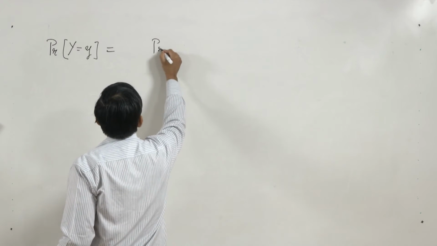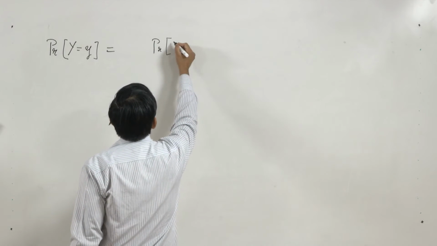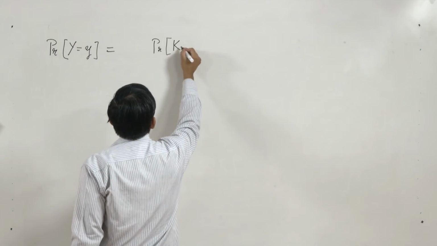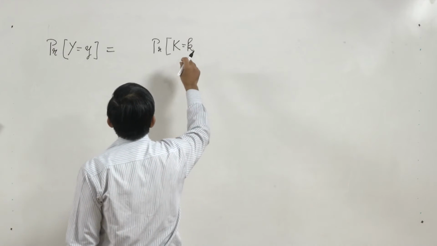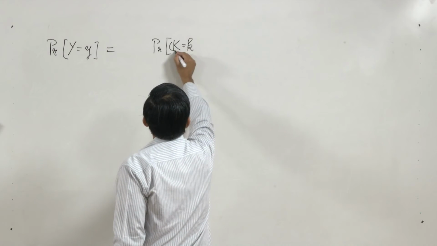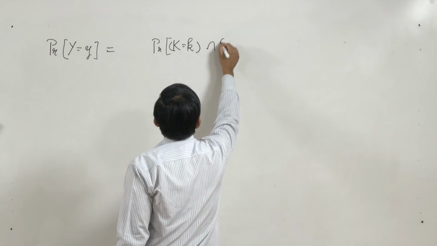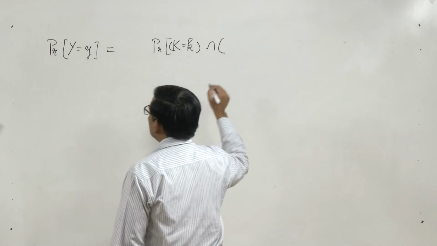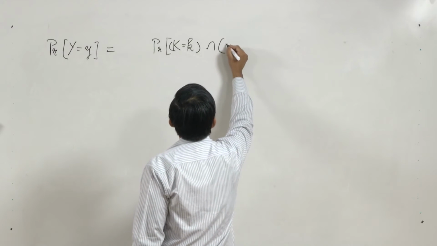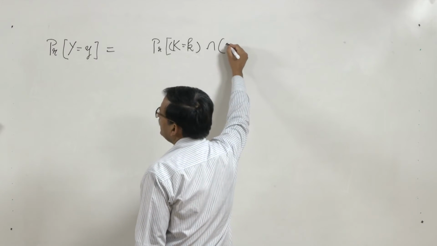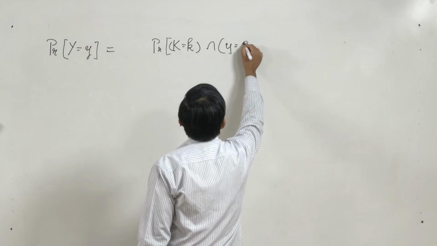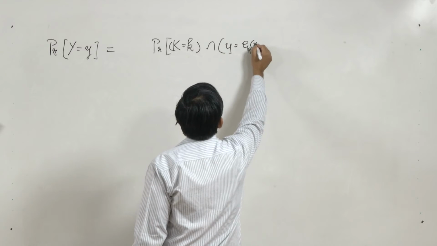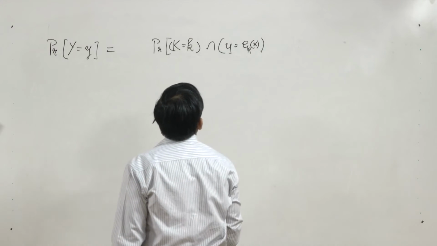So, I have a key, probability that there is some key k, and this intersection, the event that we are getting y from the x.